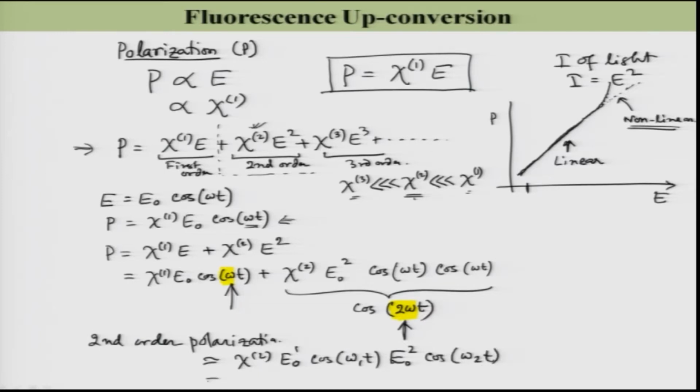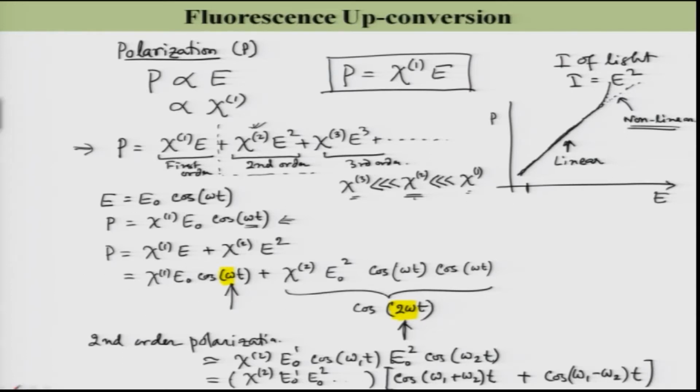These are two different colors of light, two different lights. That means this is chi 2 E 0 1 E 0 2, and then all those things will be there, let me take it outside. So, basically what I will have is cosine omega 1 plus omega 2 t, and I will also get another term, plus cosine omega 1 minus omega 2 t. I will get these two terms.